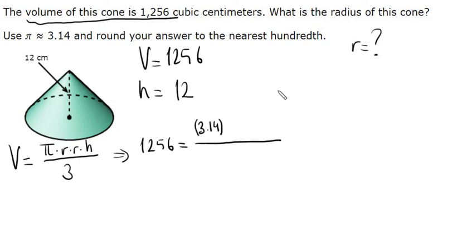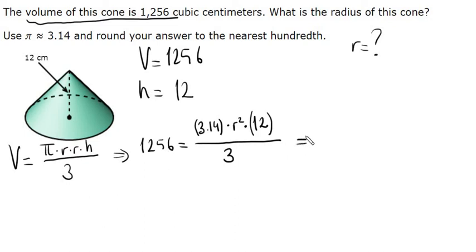So the radius is the question, we don't know what that is. So instead of r times r, I'm going to write r squared times height. What is height? 12. Okay, and then divided by 3. So now we can make a cross multiplication to get the r squared.